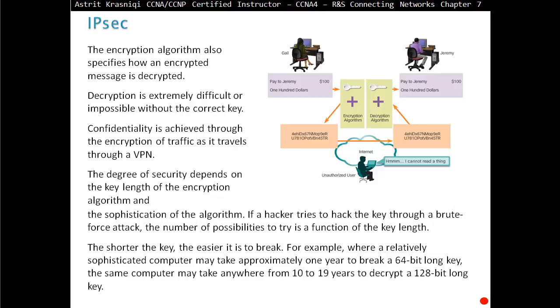The shorter the key, the easier it is to break. For example, where a relatively sophisticated computer might take approximately 1 year to break a 64-bit key, the same computer might take anywhere from 10 to 19 years to decrypt a 128-bit key. There are trade-offs here. For example, we want a longer key because we want better encryption, and so on.